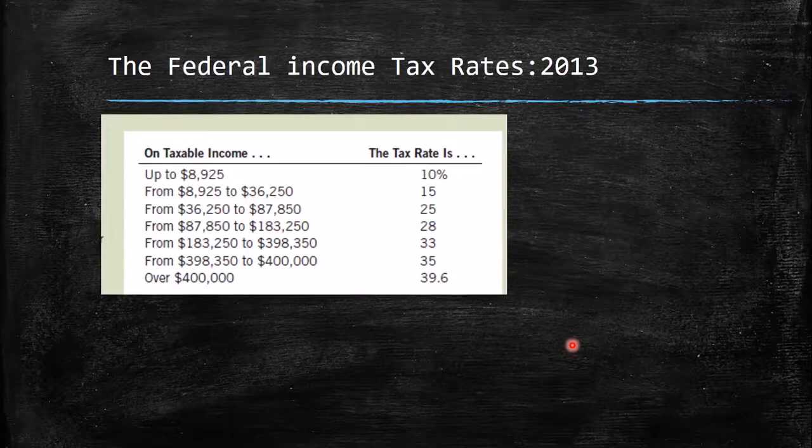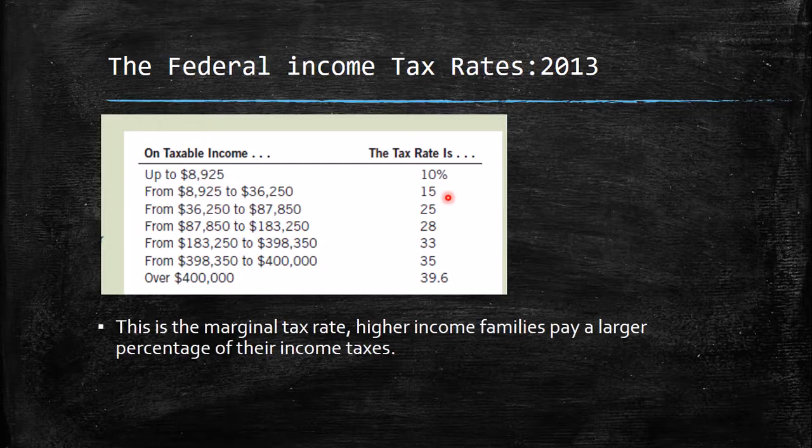And here, in order to understand a little bit, it is important to understand that the United States works with a marginal rate. What does it mean? Basically, it means that, for example, if your income doesn't go above this value, 8,925, all of this is going to be taxable income with a rate of 10%. Once you surpass this value, the next portion is going to be taxed at 15%. So higher income families naturally pay a larger percentage of their income.